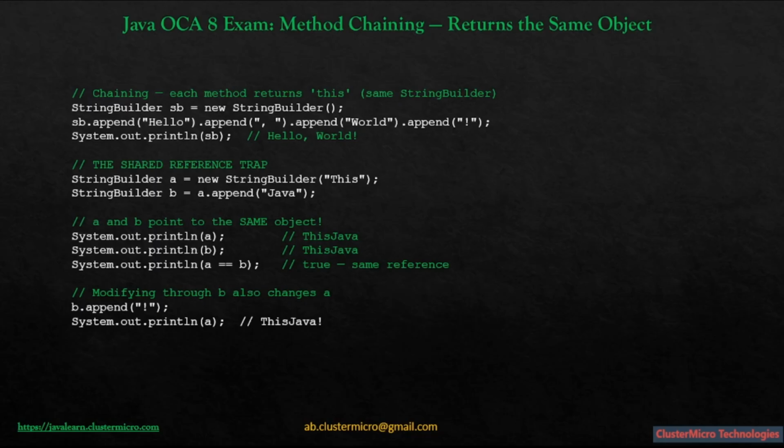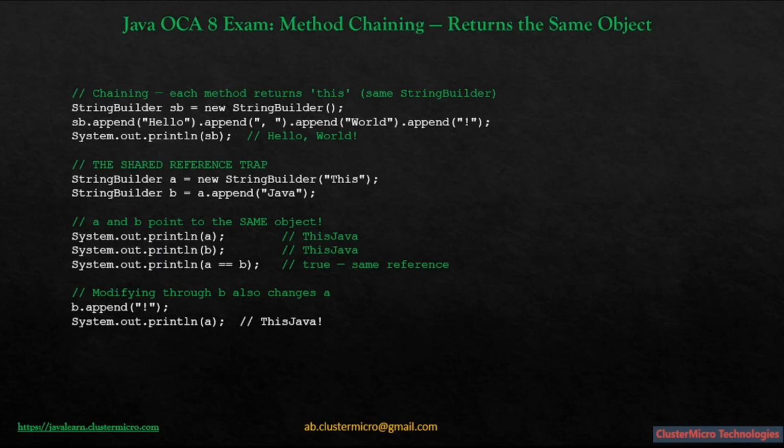So modifying through B changes A. If you do b.append exclamation and then System.out.println A, you will find this java exclamation. We call append on B, and B and A are the same object, so the exclamation mark is added to that one shared object. When we print A, it shows this java exclamation. The change made through B is immediately visible through A.